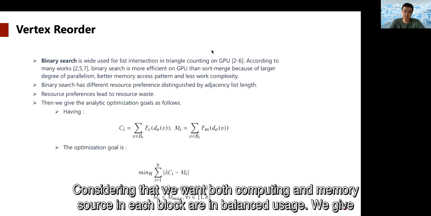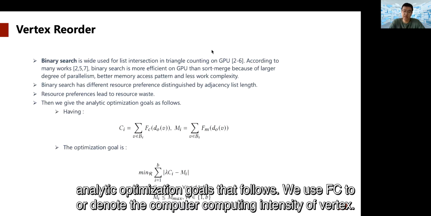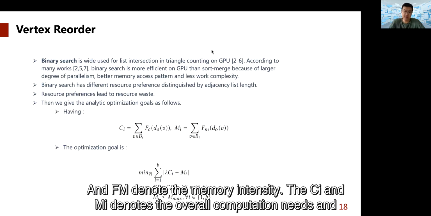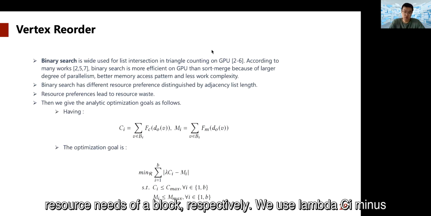Considering that we want both computing and memory resources in each block to be in balanced usage, we give analytic optimization goals as follows. We use FC to denote the computing intensity of a vertex, and FM denotes the memory intensity. CI and MI denote the overall computation needs and memory needs of a block, respectively.